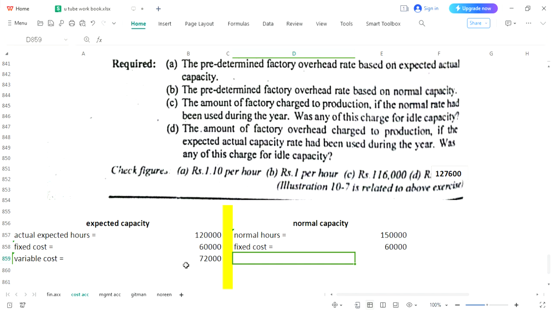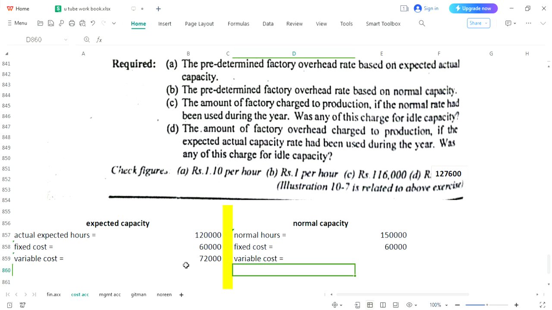Variable cost, if it is not given for normal capacity, is still easy for us to calculate.